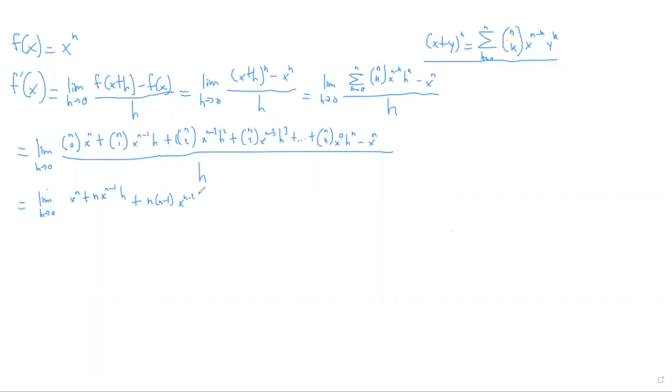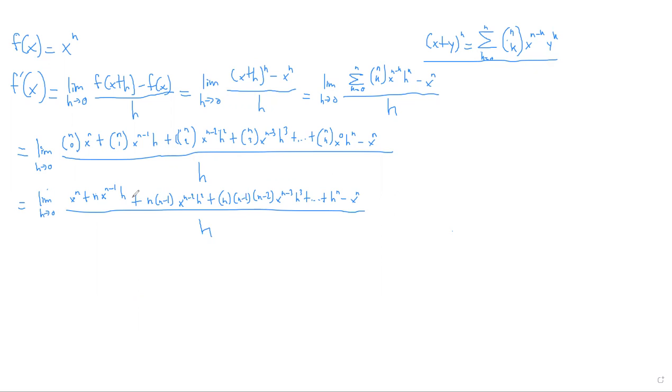Times x to the n minus 2 times h squared, plus n minus 1, n minus 2, that's n over 3 factorial, times x to the n minus 3 times h cubed, plus dot dot dot plus, that's 1, h to the power of n, minus x to the n, all over h.